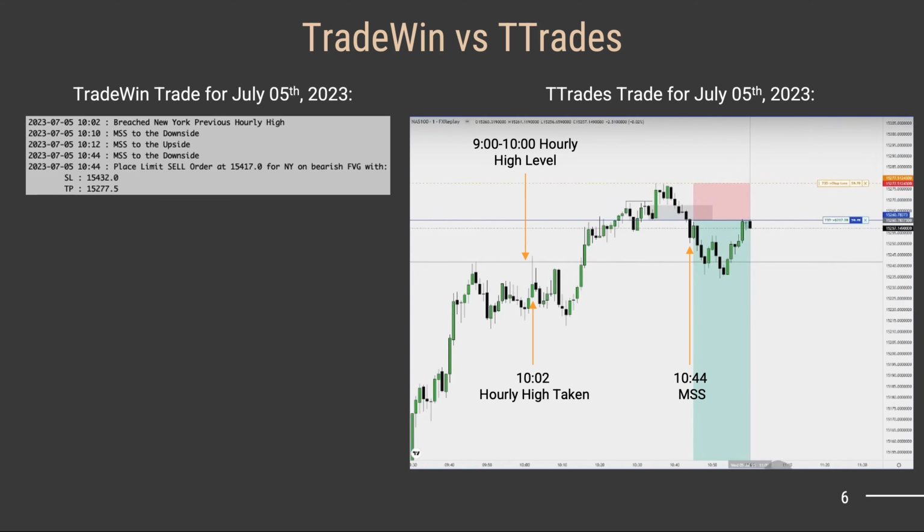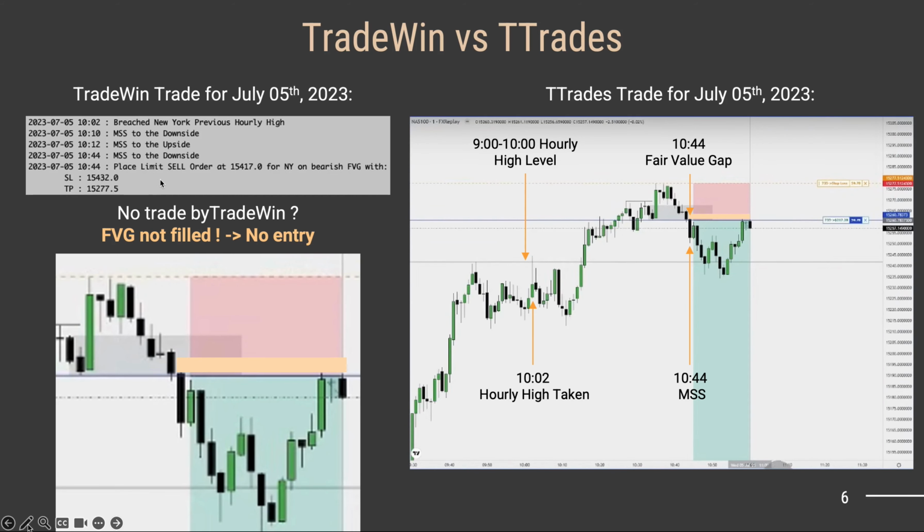So here we have many market structure shifts to the downside, to the upside. But remember, in my mechanical TradeWin way, we are waiting for a market structure shift with creation of a fair value gap. Fine. And then we can place a limit order at the entry of this fair value gap. So this is what we have here.